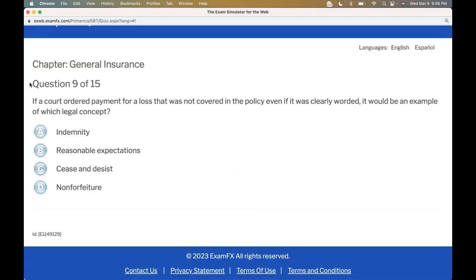A court-ordered payment for a loss that was not covered by the policy, even if it was clearly worded, would be an example of which legal concept? Reasonable expectation, forfeit, cease or desist, indemnity.